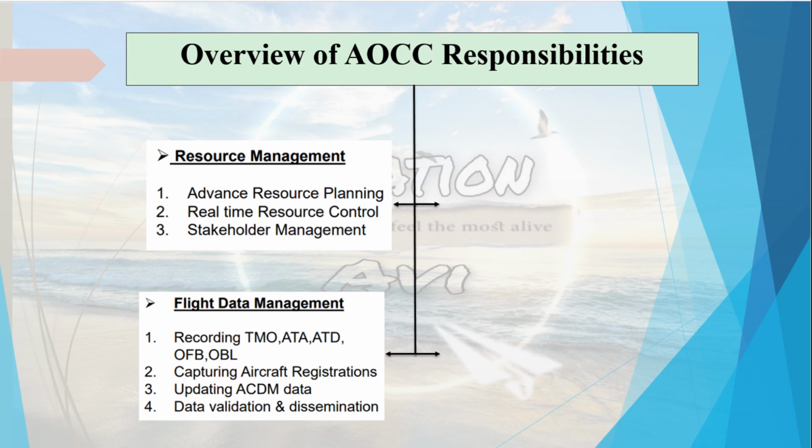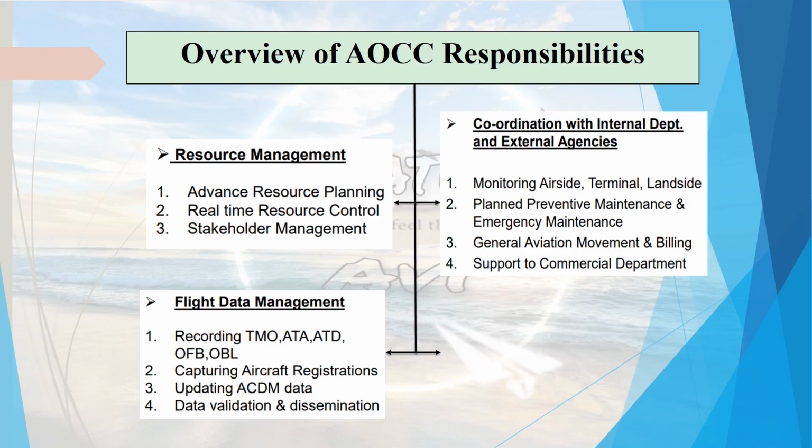The next responsibility is to capture aircraft registration and update all important data on ACDM. ACDM stands for Airport Collaborative Decision Making, which is a whole other video altogether. The next responsibility of AOCC is data validation and dissemination. Another function of AOCC is coordination with internal departments and external agencies.